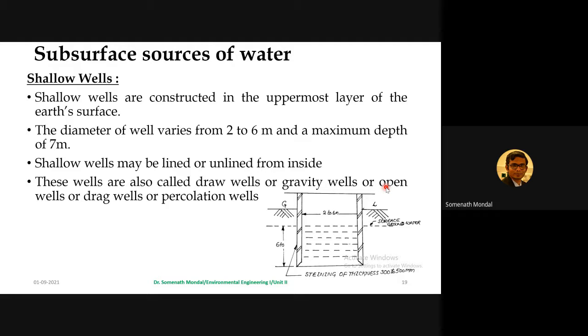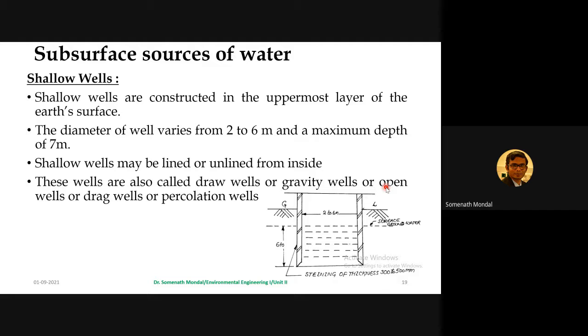Now shallow wells may be lined or unlined, depending upon what kind of geological structures are present, and what type of soils or geomaterials surround these wells. If the soil has enough strength to hold a vertical cut at 90 degrees, then we need not provide any lining. So you can find both lined and unlined shallow wells.